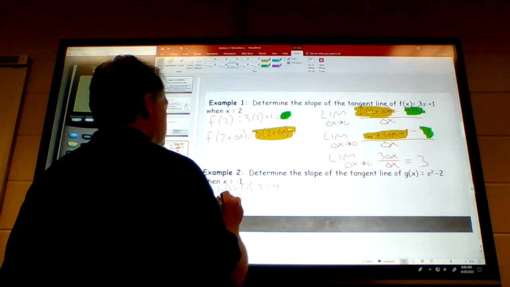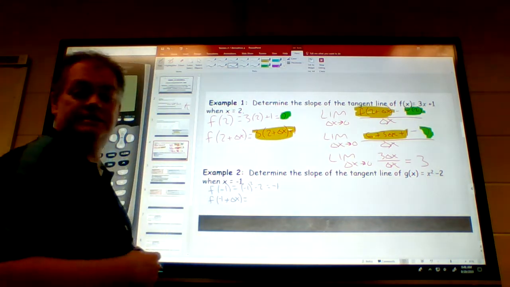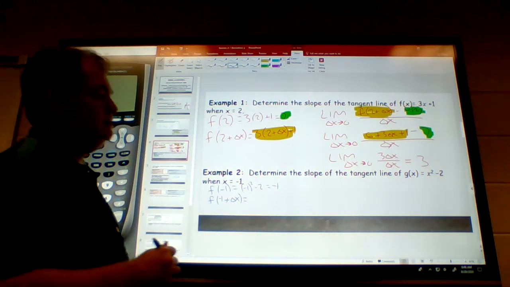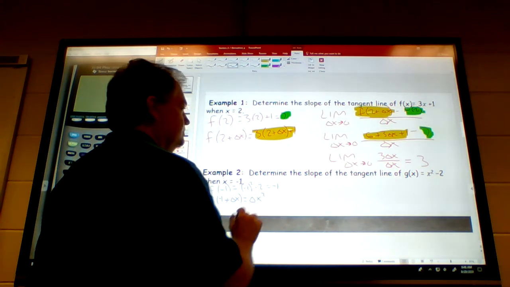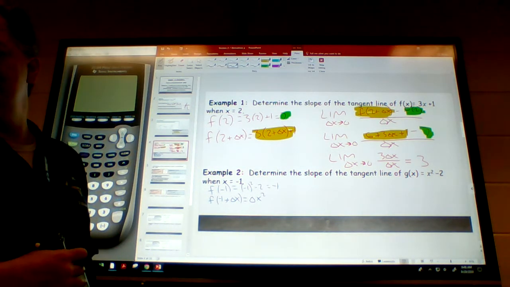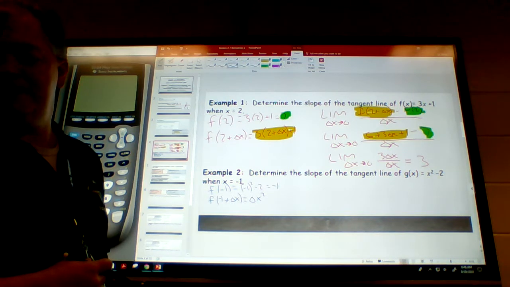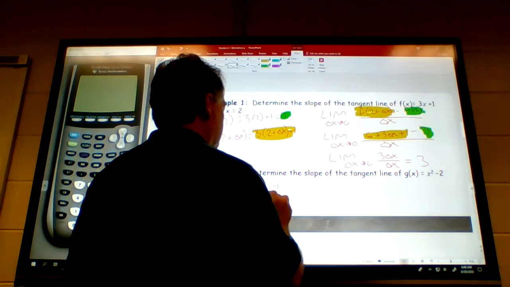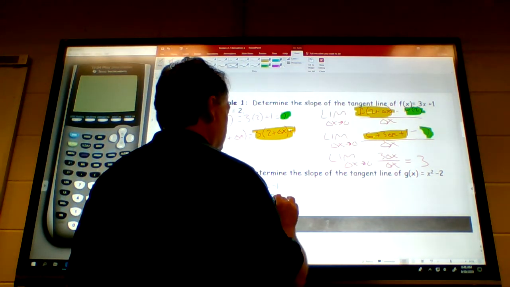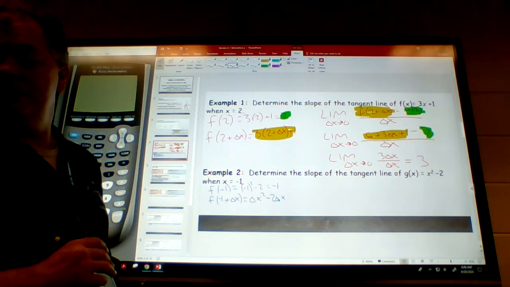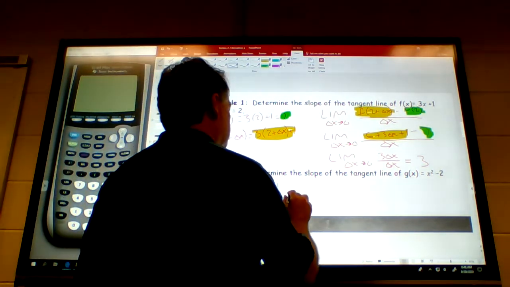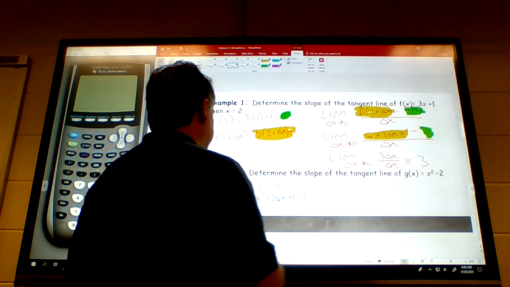Negative 1 plus delta x equals, in this case, it is going to be delta x squared minus 2 delta x, and that's going to be plus 1 minus 2.